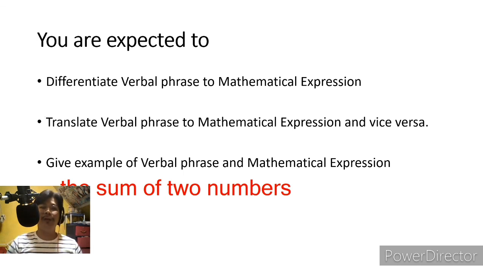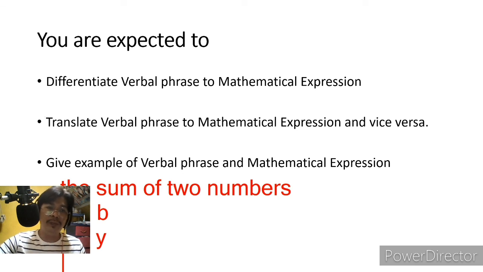And how about if we're going to give a mathematical expression? For example, we're going to convert the sum of two numbers. Since we don't know the two numbers, we're going to represent them by variables. It is simply, for example, A plus B. So that is an example of the sum of two numbers. Or we can say X plus Y. That is also an example of the sum of two numbers, because we represent the two numbers by variables since we didn't know the numbers.